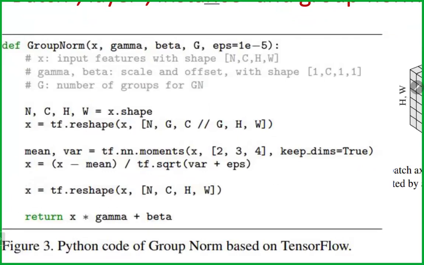Again, you have the gamma and beta parameters, learnable. So those are the same as batch normalization, but the normalization is done on the channels and the examples. I believe this is the examples, not through the batch dimension.